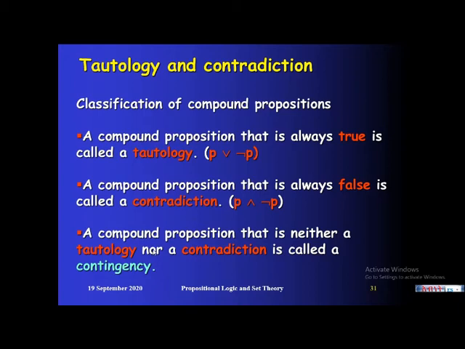For example, this is a tautology. Whereas a compound proposition that is always false is called a contradiction. We may get a compound statement which is neither a tautology nor a contradiction, which we call a contingency.